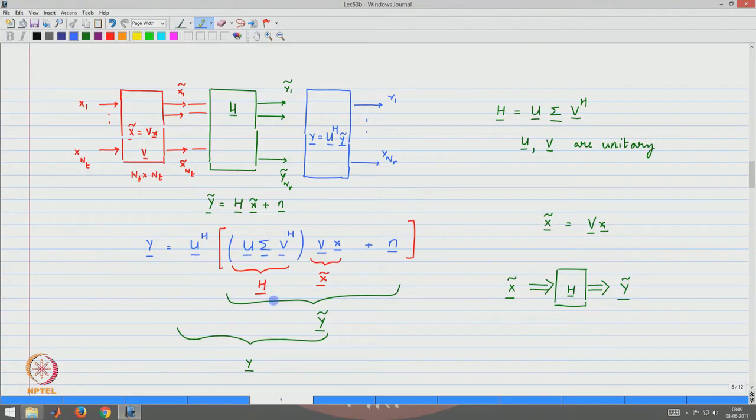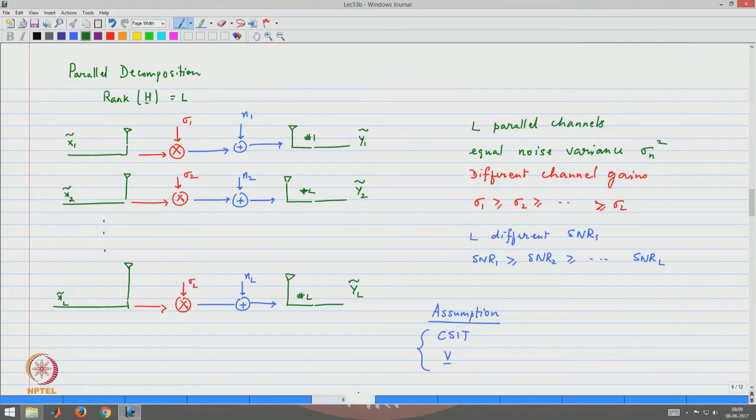That gives us the final expression, where y is equal to sigma times x plus U Hermitian times n. Okay, so this is the final expression. We recognize that this corresponds to the expressions that are given in this form.